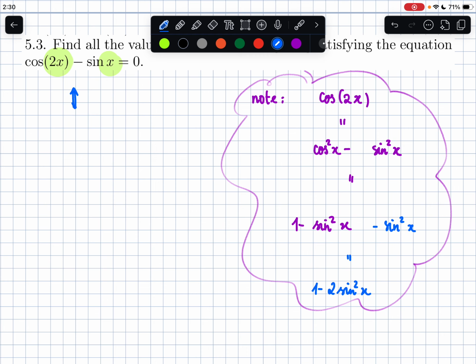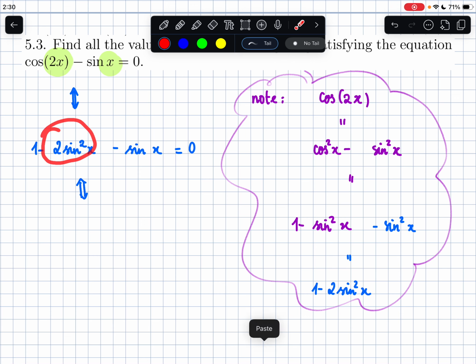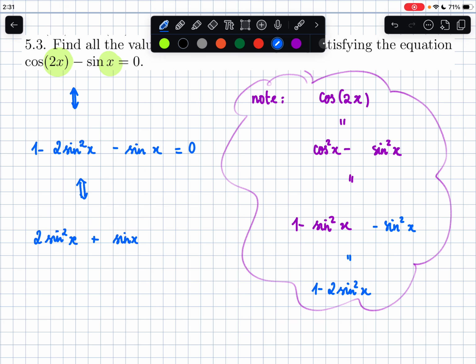This equation is equivalent to 1 minus 2 sine square of x minus sine of x equal to 0. Now we want to factor that. I prefer to have this coefficient positive, so let me bring it to the right: 2 times sine square, 1 times sine, minus 1.